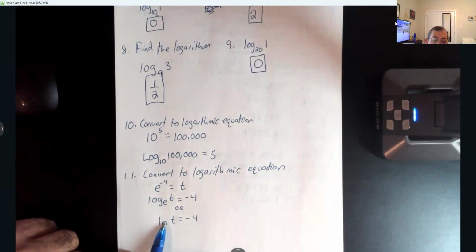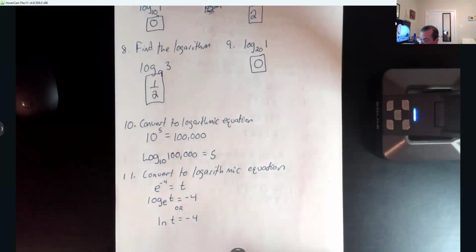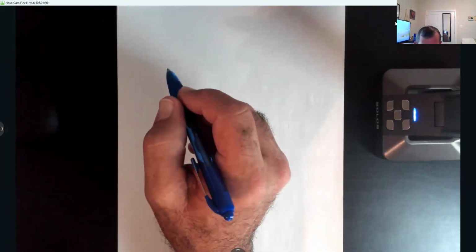But remember, ln really is a log base e, okay? And then the log, any log that don't have a base is really a log base 10. Any other log, we have to write the base down there and use the log base feature of the calculator.